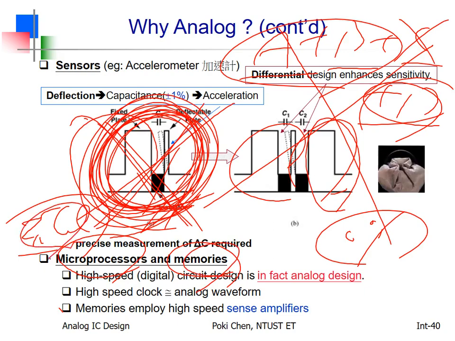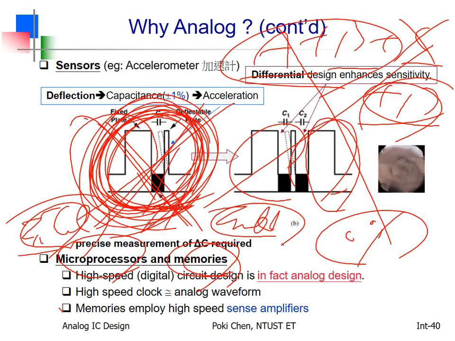Allow me to tell you that Intel focuses very much on CPU design, right? But Intel hires more than 50% of its engineers for analog design instead of digital. Many people think CPU and memories belong to the digital domain.